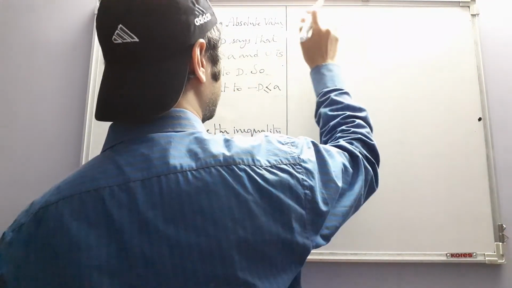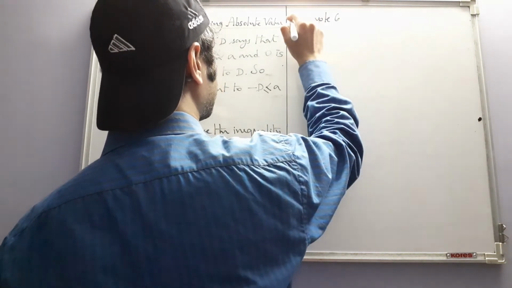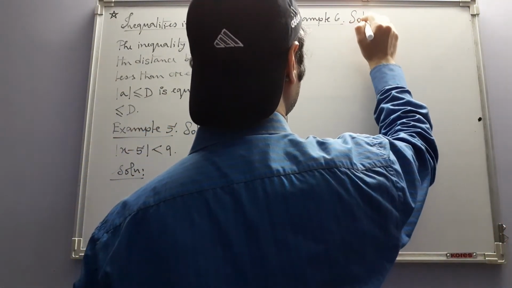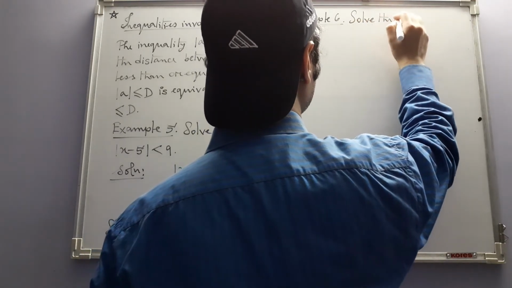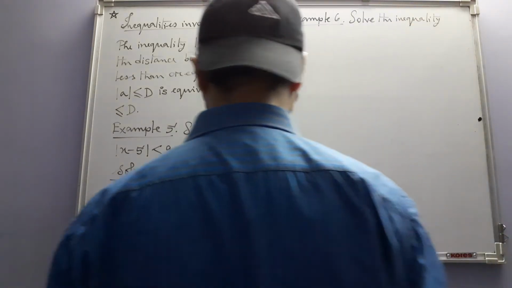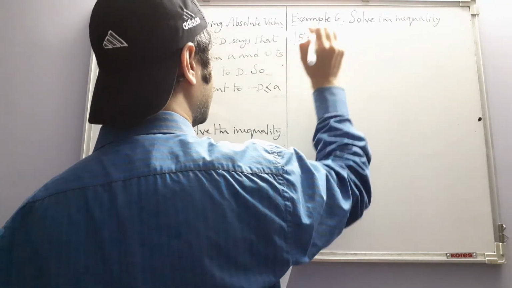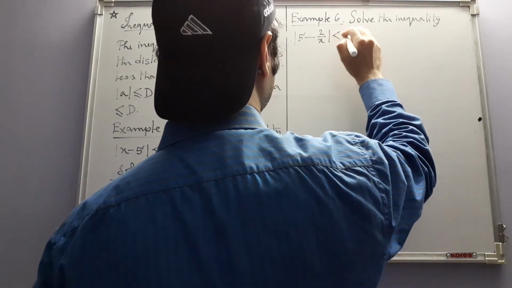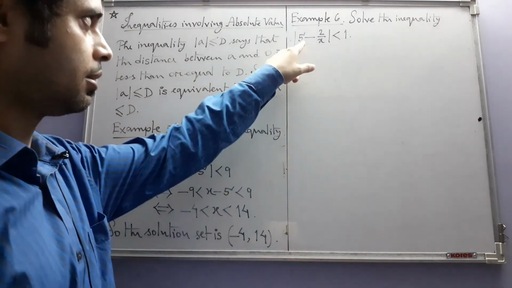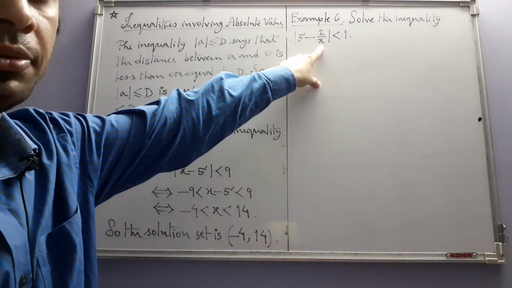Okay, next example 6. Solve the inequality |5 minus 2 by x| less than 1. One thing we notice in the beginning itself is that since x appears in the denominator, it cannot be 0.